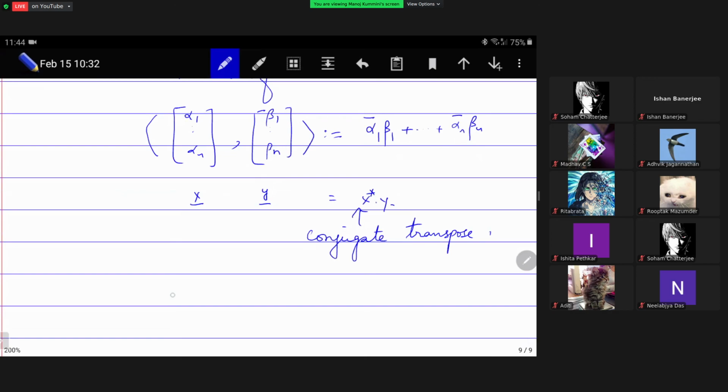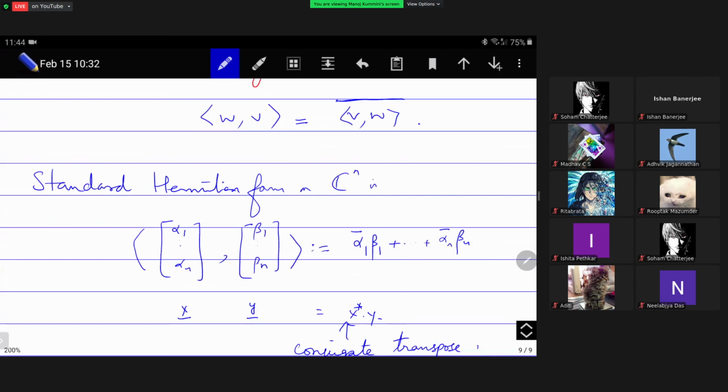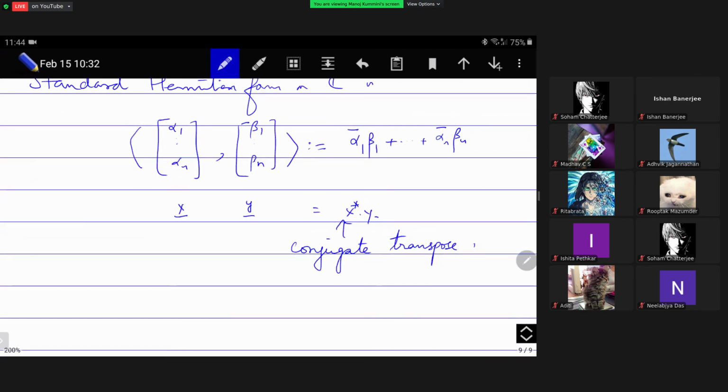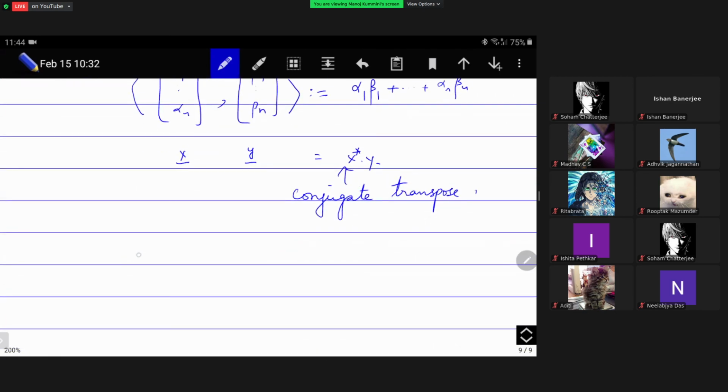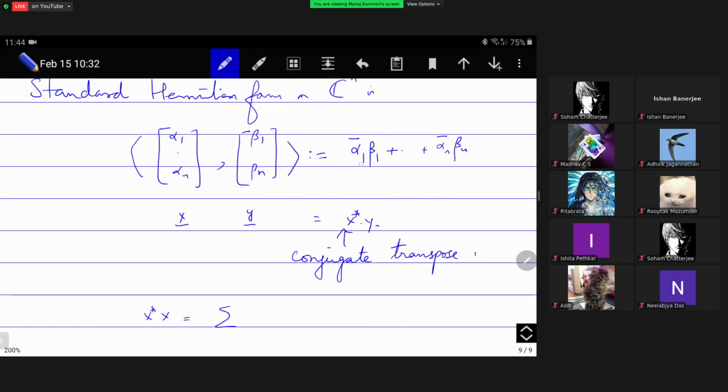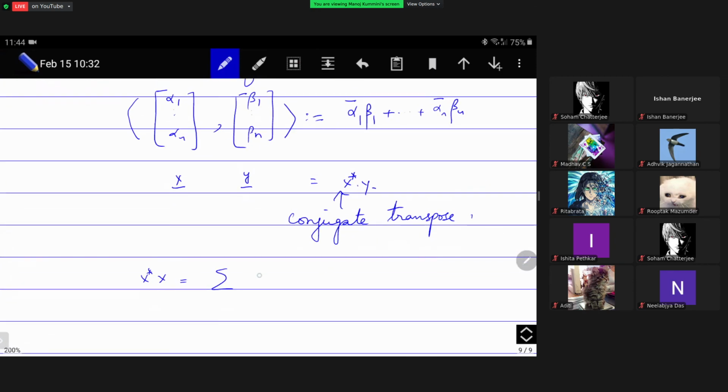For example, if you take the same vector, x conjugate transpose x is just alpha 1 bar alpha 1 plus alpha 2 bar alpha 2, etc. So this is just going to be the sum of alpha i bar alpha i.